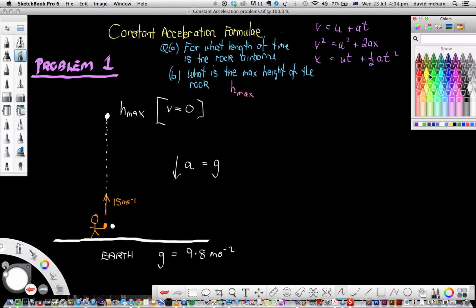Well, let's summarise the information. We know that the initial velocity, in problem part A, what have I forgotten? I've forgotten to assign a direction. So because the initial direction is up, I'm going to call up positive and therefore down is negative. So the initial velocity is positive 15 metres per second.